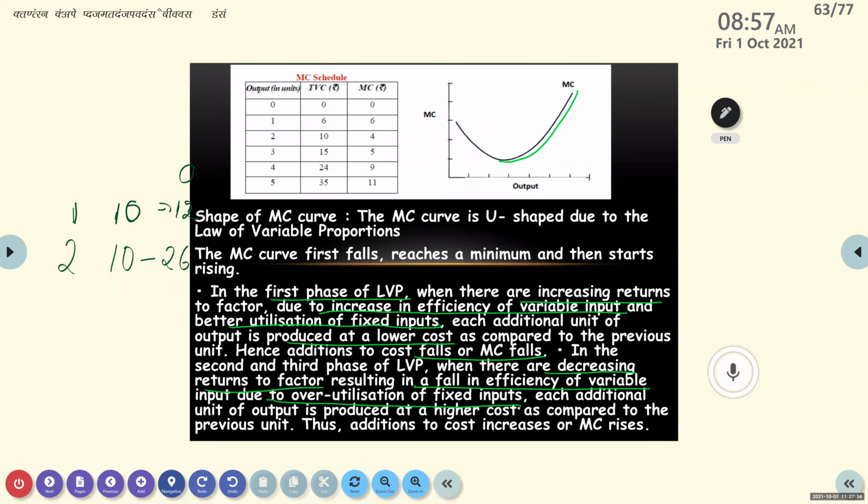Okay, then because of that, what will happen? Each additional unit of output is produced at a higher cost, so cost will be higher. So if cost is higher, what will happen to the MC curve? MC rises. The curve will rise. Okay, so these are the features related to the MC curve.